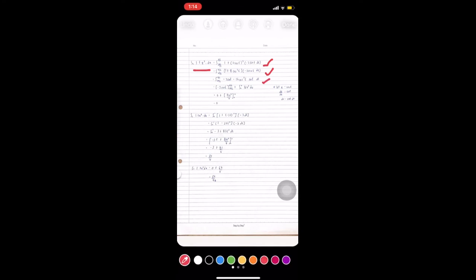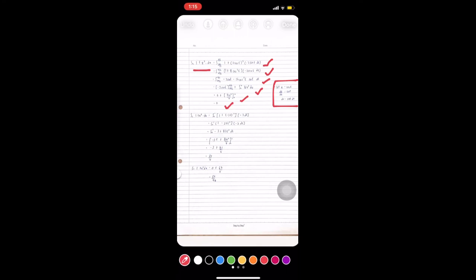For the -2 sin t, we integrate and get -2 cos t. For the 16 cos cubed t sin t, we let u equal to cos t, then du is equal to -sin t dt. We get 16u cubed du. After that, we integrate and get the value of 0.